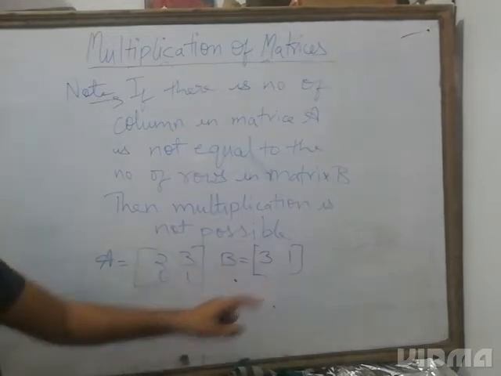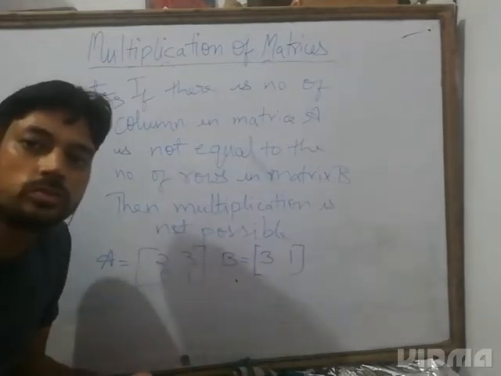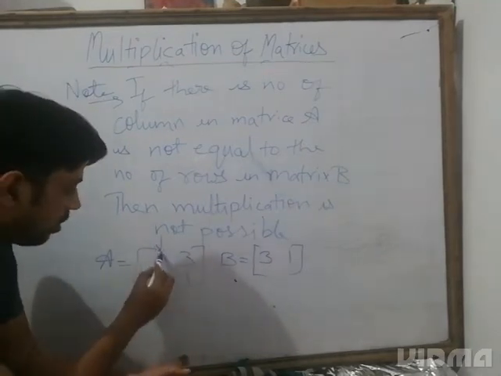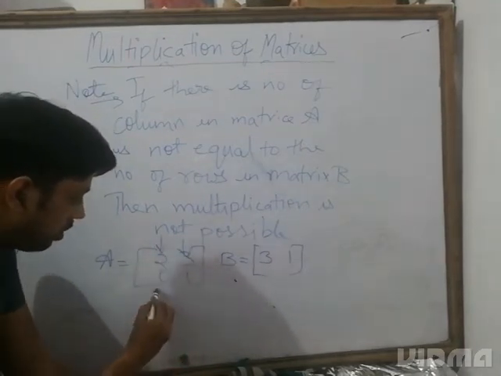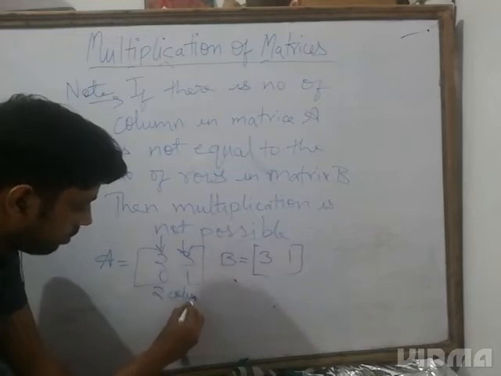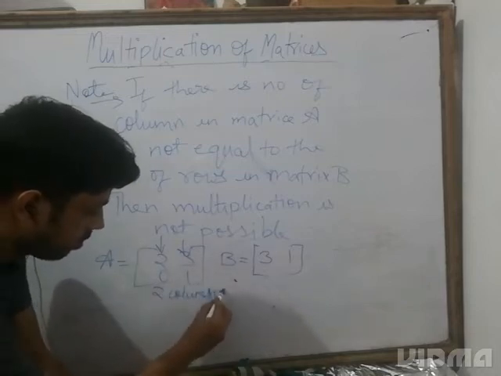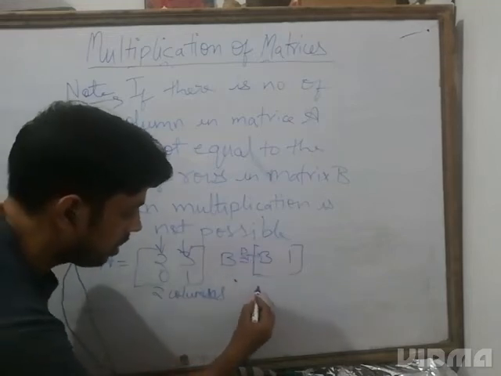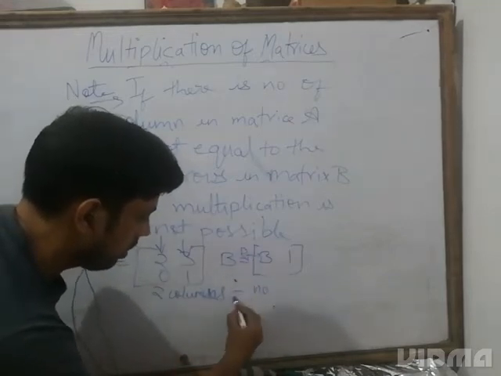So in this case, can we multiply? No, we cannot multiply the matrices, because the number of columns over here is 2, and the number of rows here is only 1, so they are not equal.